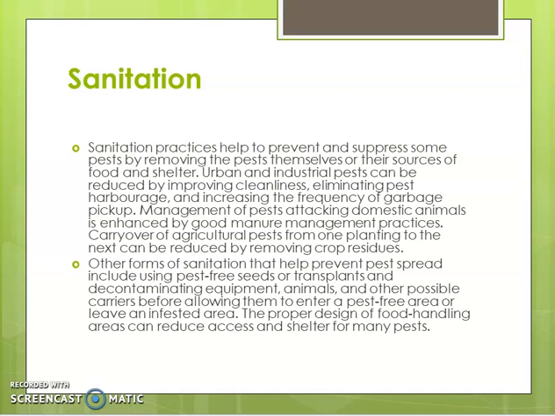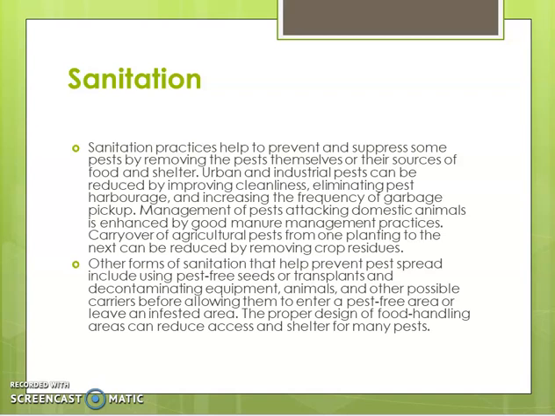So carry over of agricultural pests from one planting to the next can be reduced by removing the crop residue. So we put them wherever we want in a compost and let them break up. We use a device to crush them. And we can use that for manuring. Other forms of sanitation that help prevent pest spread include the use of pest-free seeds.